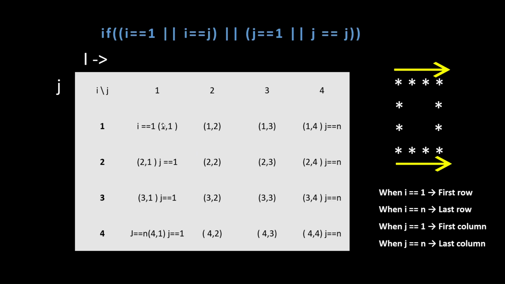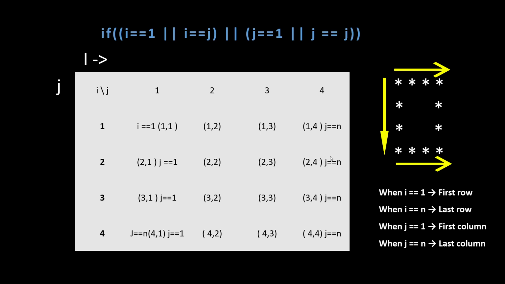Now what you have to print in the first column? What is the logic behind this? As you can see, in the column everywhere we have 1, 1, 1, 1. Where j is equal to 1, you have to print the star. Now come to the last column.